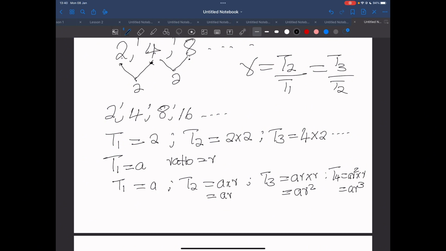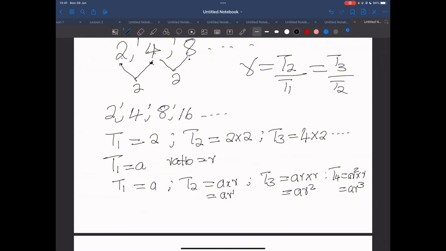Right, so now we are able to see that if it's term number 1, we put an exponent of 0, because it's 1, the R will have a 0 exponent, so AR to the power 0 is just A. Then if it's term 2, it's AR to the power 1.